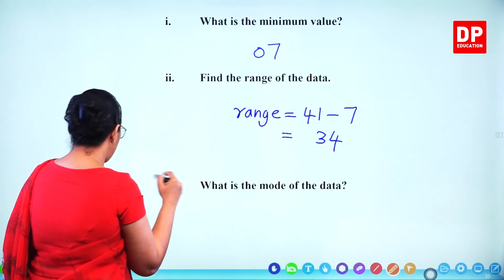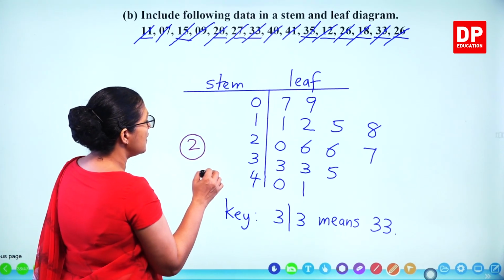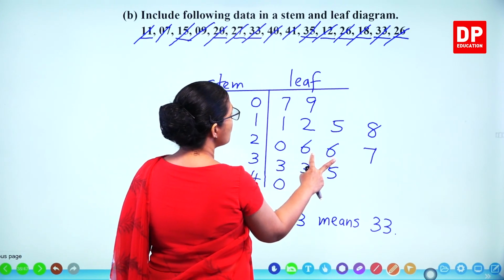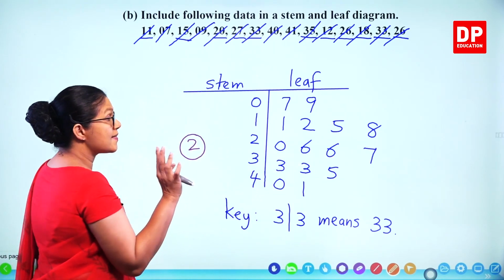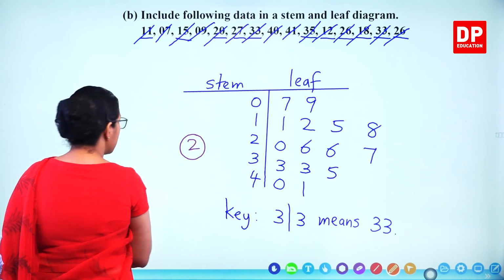What is the mode of the data? The one which has the highest frequency. So here 33 twice, 26 twice. So 26 and 33. Both you have to write, 26 and 33.